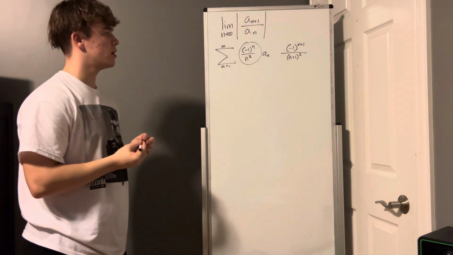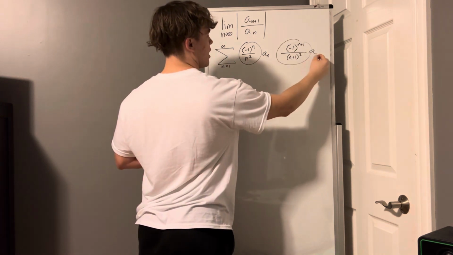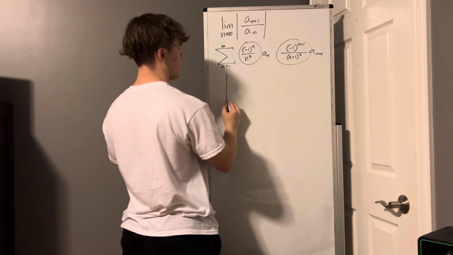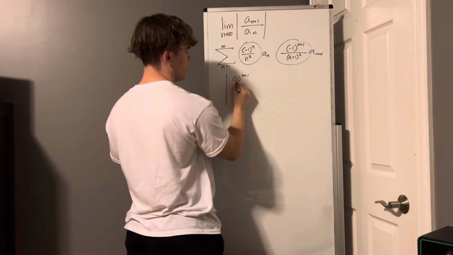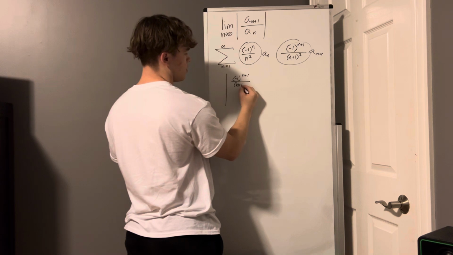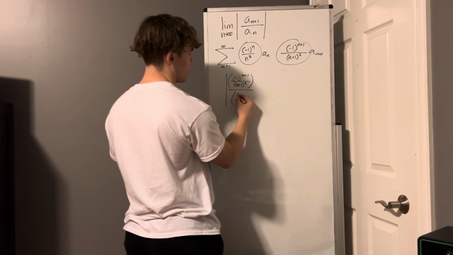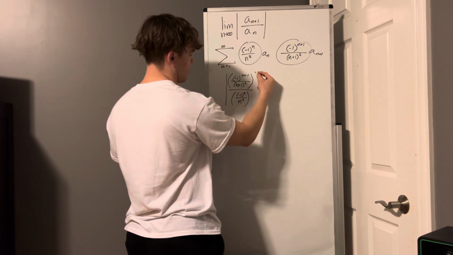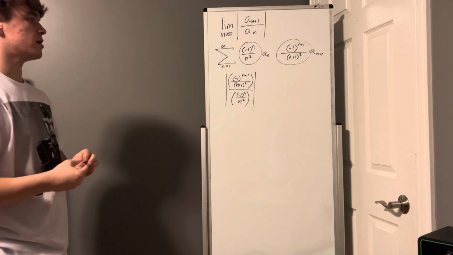Let's take the absolute value of this a sub n plus 1 and put it over a sub n. This is going to be negative 1 to the n plus 1 divided by n plus 1 squared. Let's put some brackets around it to make it more clear. Negative 1 to the n over n squared. Okay, this is looking pretty easy.